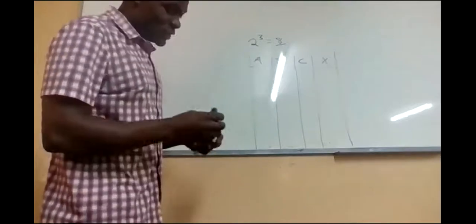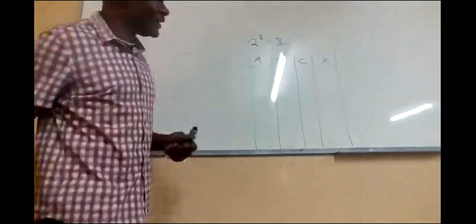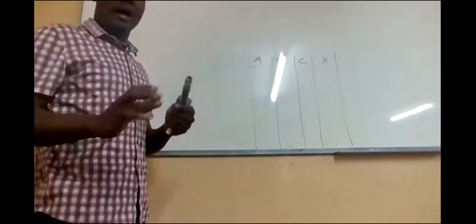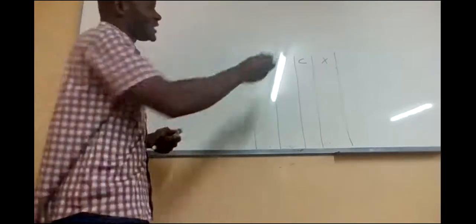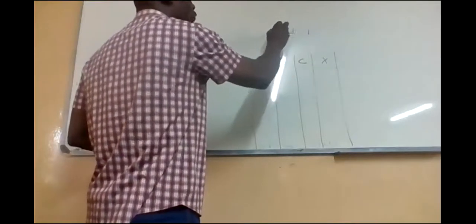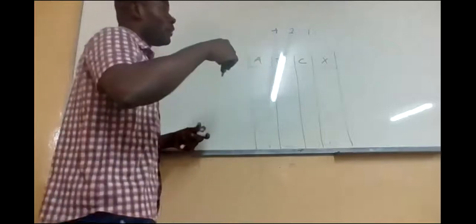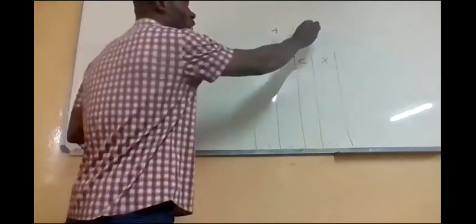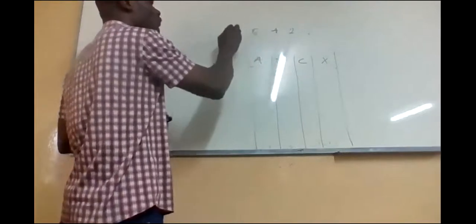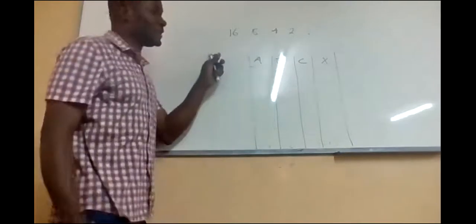What I was trying to explain is that if you remember the binary benchmark I gave you in class, we were starting with 1, then 2. These numbers were building up by multiplying by 2. So there is 1 times 2, 2 times 2, 4 times 2, 8 times 2. I think you remember this.